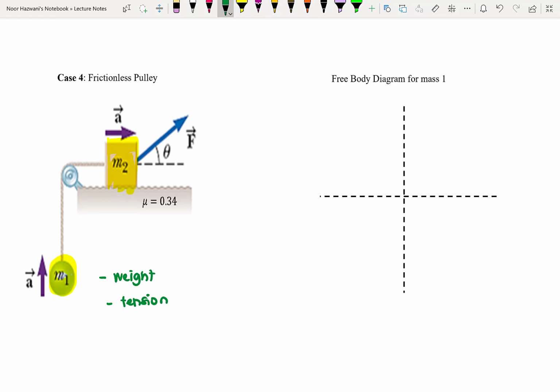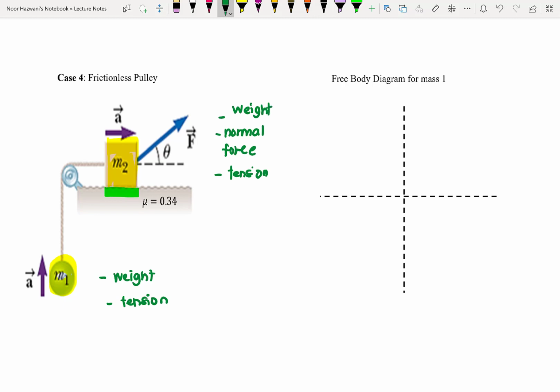For M2, since you see here the block is in contact with the surface, it means that it has normal force. And second, it has tension since it is tied. And the easiest force to be identified is weight.